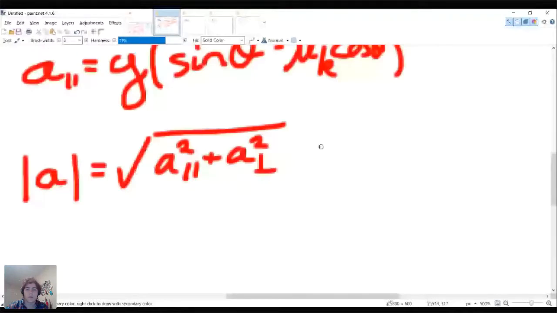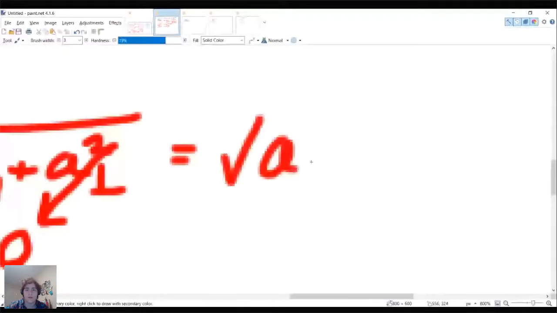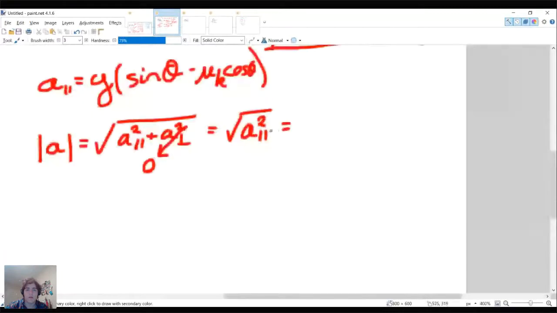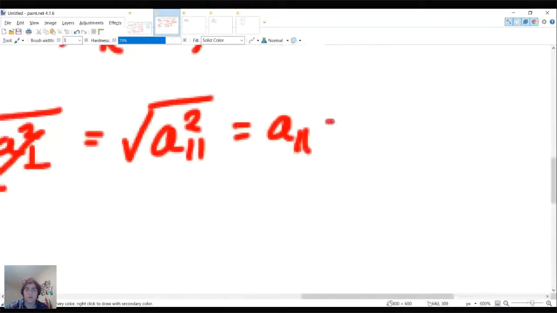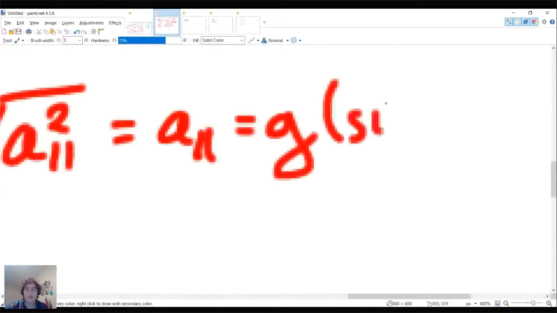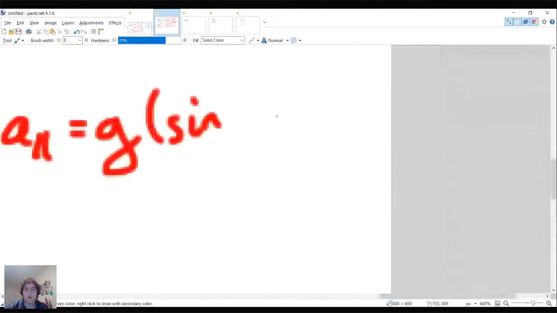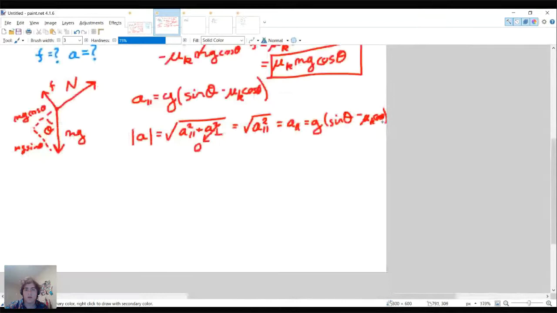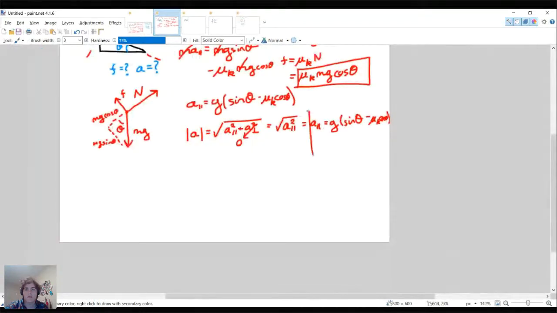So this becomes the square root of a parallel squared, which is just a parallel, which is just g times sine theta minus mu k cosine theta. Running out of room here. So now we have this formula as well.